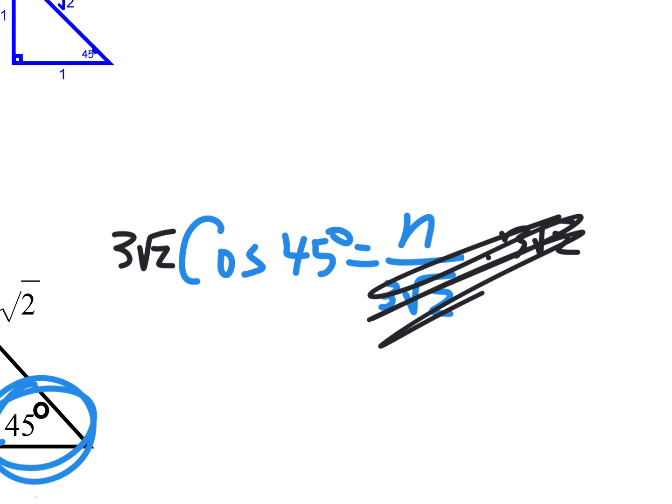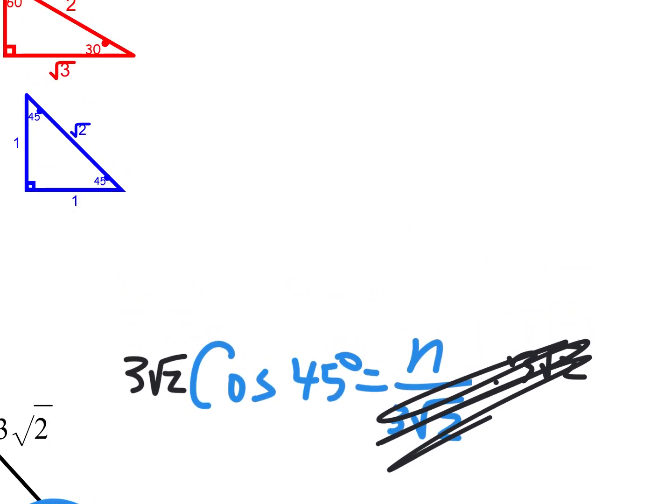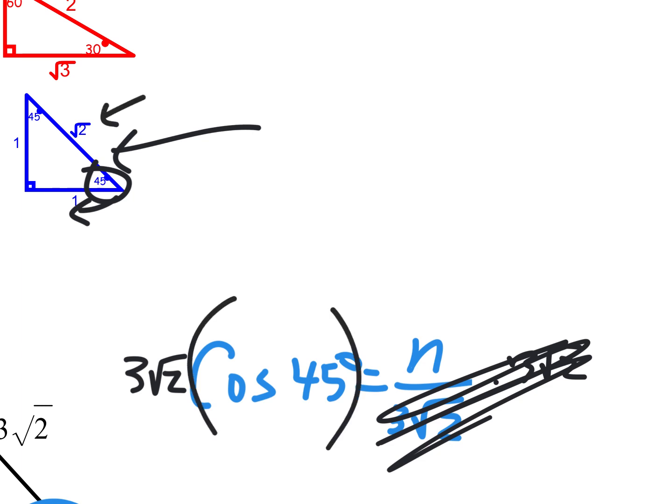Cool. But you can't leave cosine 45 in your answer. There's your classic 45, 45, 90. If I want cosine of 45, I just look there. Cosine is adjacent over hypotenuse. Cosine of 45 can be replaced with 1 over root 2.